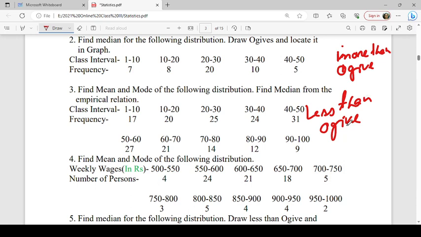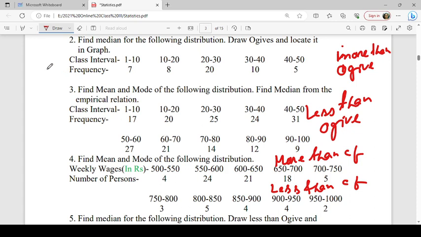For the more than ogive, we need the more than cumulative frequency, more than CF. CF means cumulative frequency, and for the less than ogive, we need the less than CF. So we try this less than cumulative frequency.